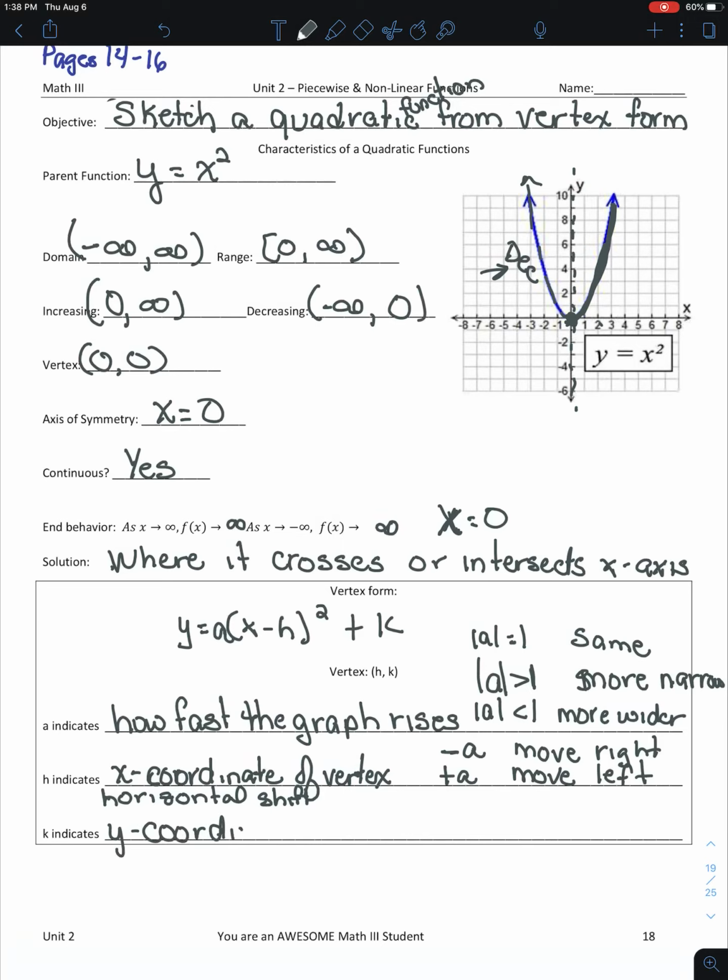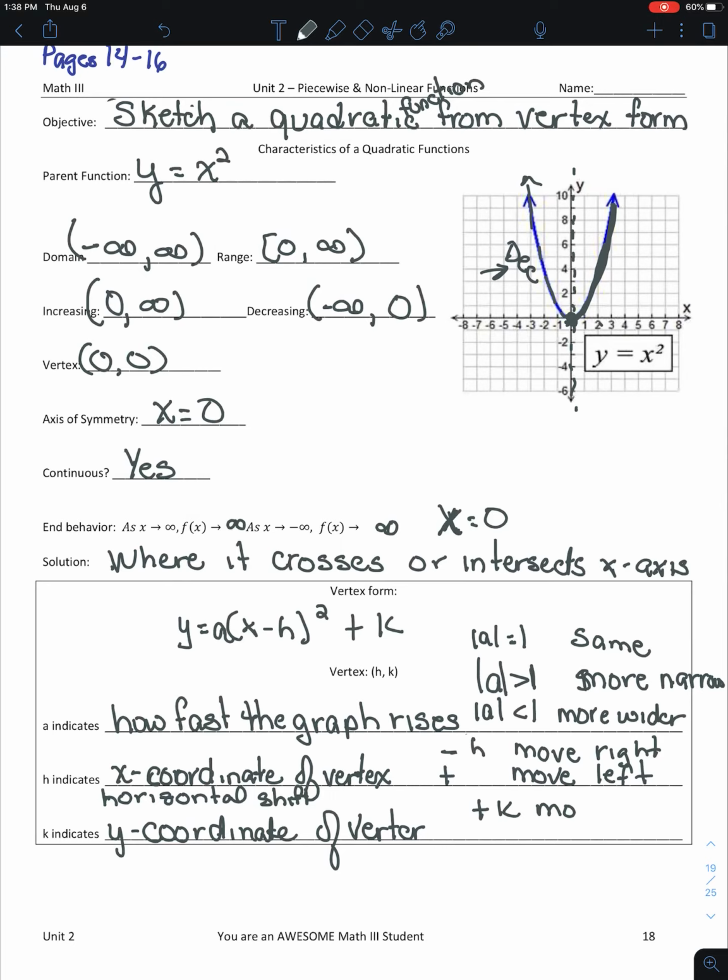K indicates the y-coordinate of the vertex, just like absolute value. If we have plus k, it moves the graph up. I said a's here; this should have been plus h.